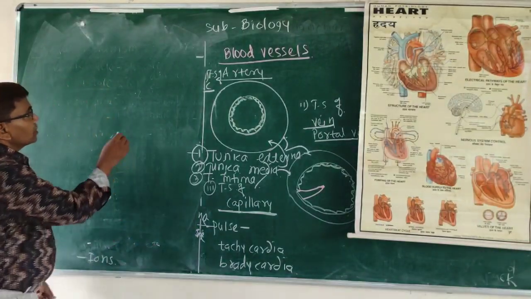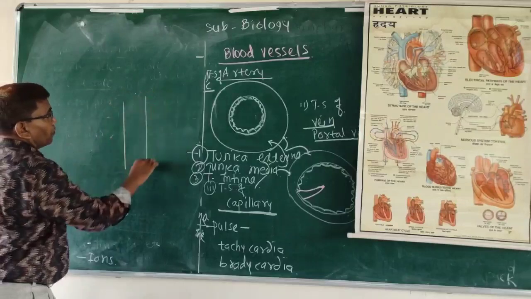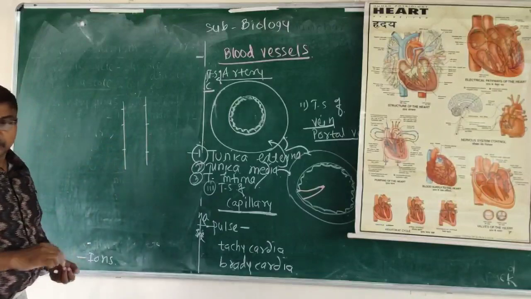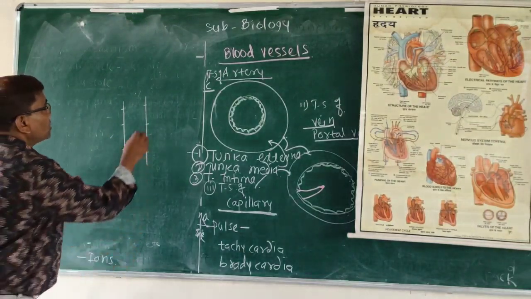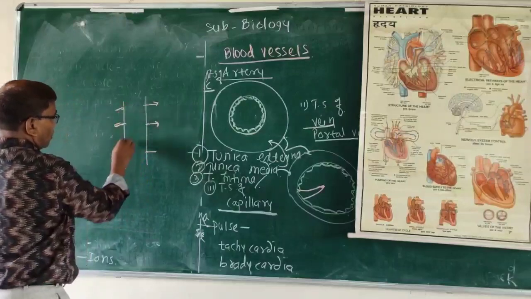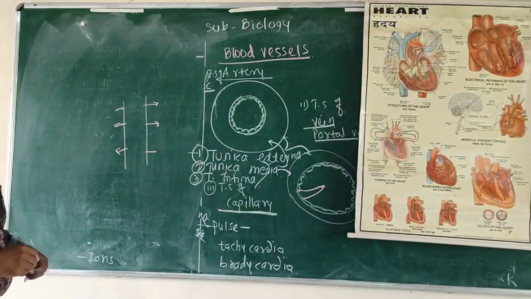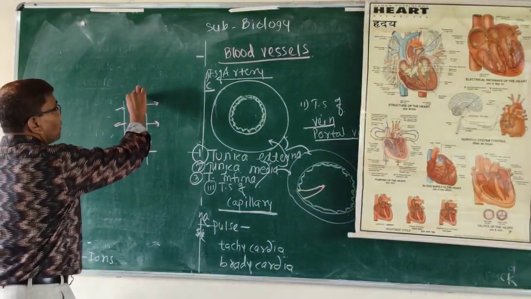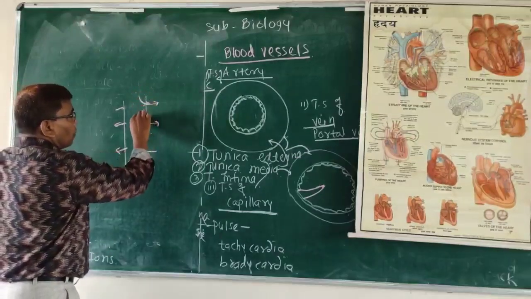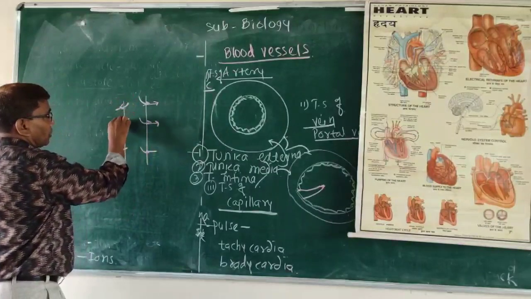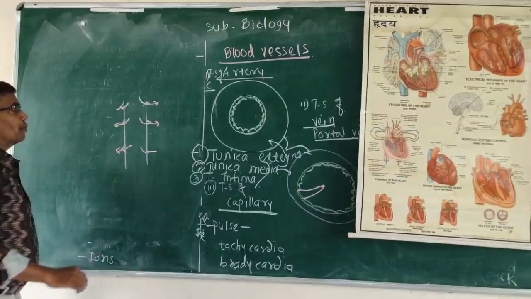These capillaries consist of pores in the wall, called endothelial pores or fenestrae, through which material from the blood is given out according to the law of diffusion.